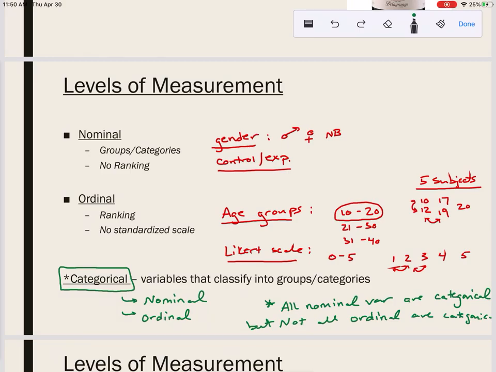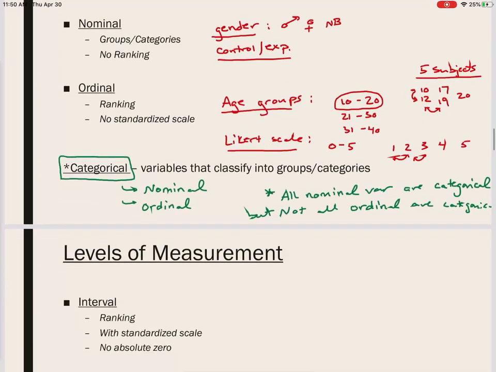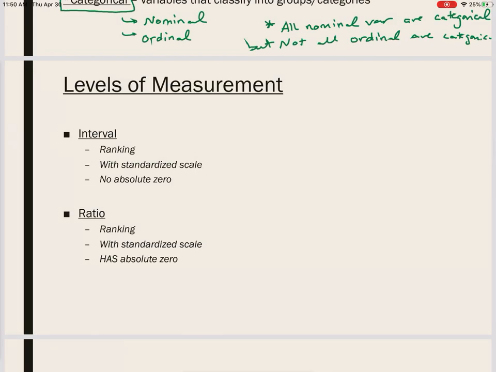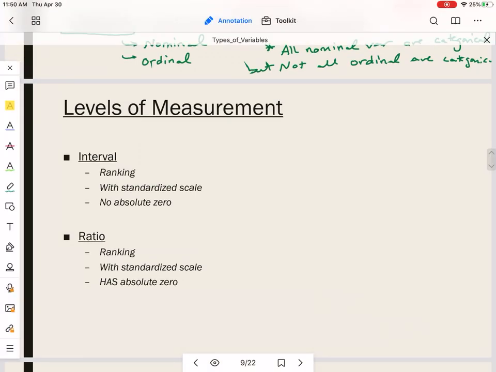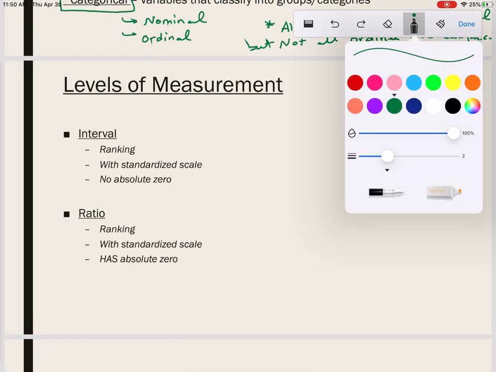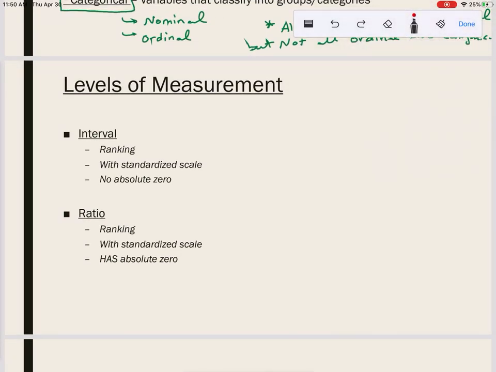Bad handwriting today. But not all ordinal, sometimes they are categorical. I prefer to actually use nominal versus ordinal because it's more specific, but if you see categorical, they're usually referring to nominal, sometimes ordinal, but not always.